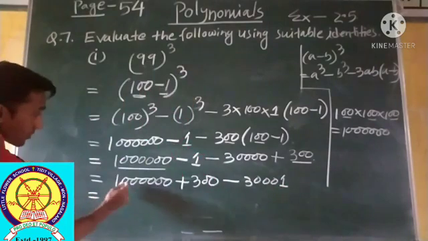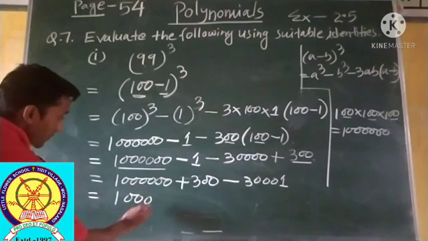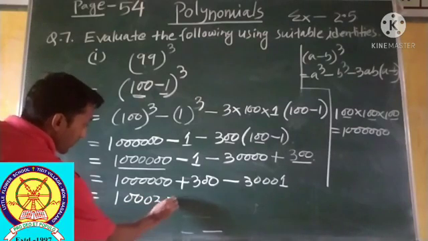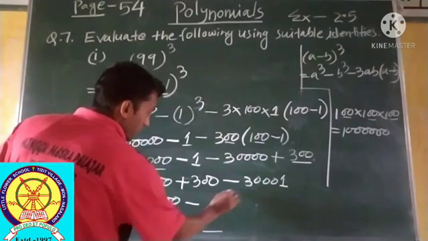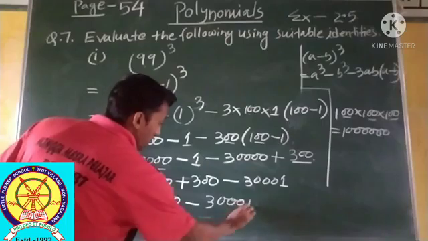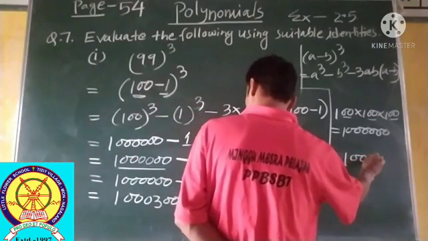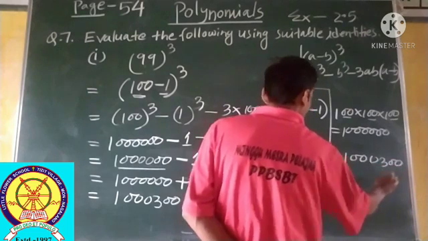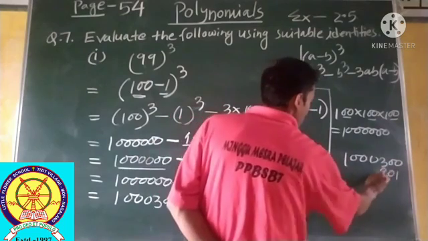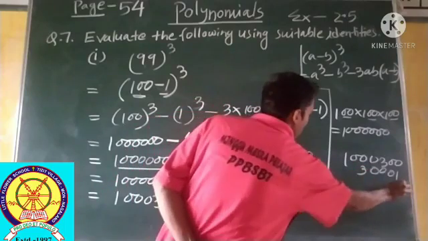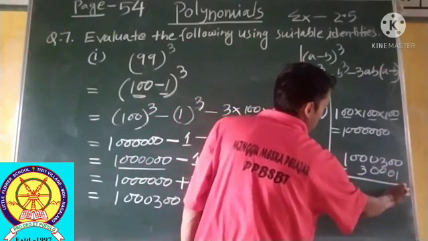So you add this to 1: 1000300 minus 30,001. Now you do the subtraction: 1000300 minus 30001. Borrow 1, it becomes 10, 10 minus 1 is 9.